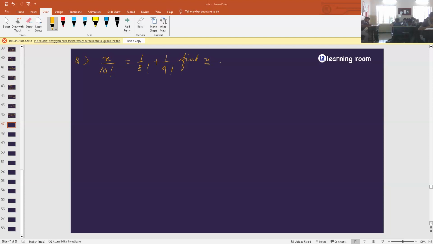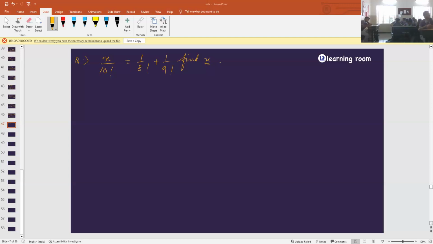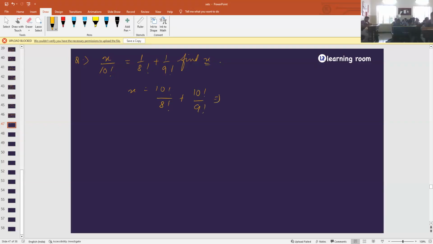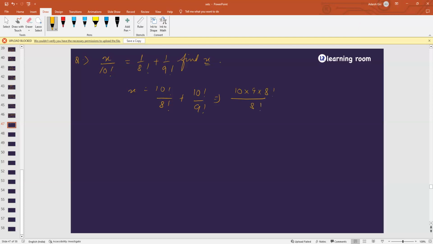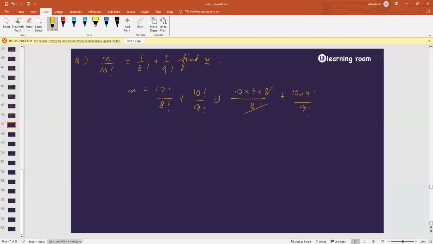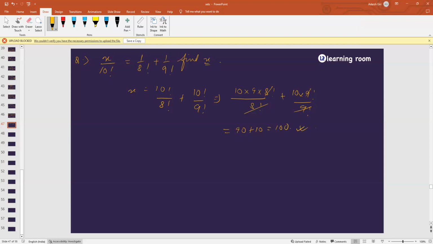Sir, 100 you got? That's correct. Good, good, good. So x is what? 10 factorial upon 8 factorial plus 10 factorial upon 9 factorial, right? It will be 10 into 9 into 8 factorial by 8 factorial plus 10 into 9 factorial by 9 factorial. So this will get cancelled, this will get cancelled. It will be 90 plus 10, that is 100. Good. You're going great.